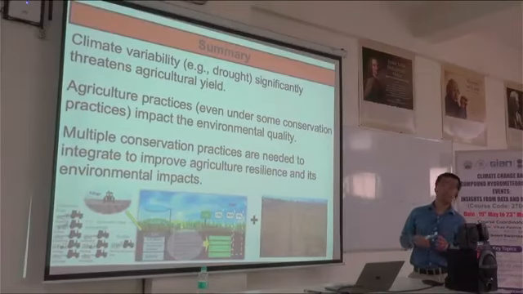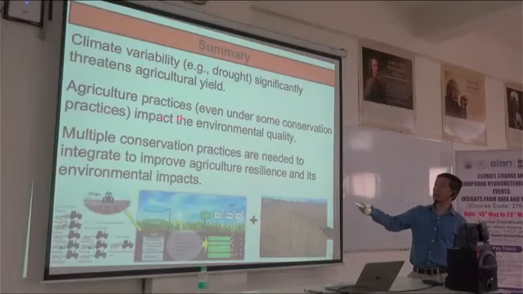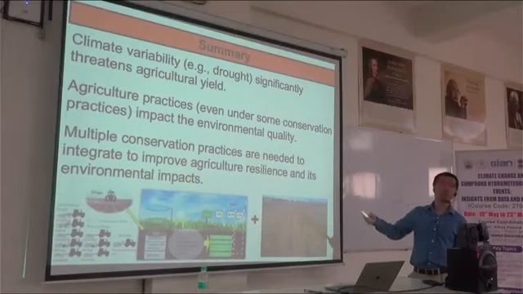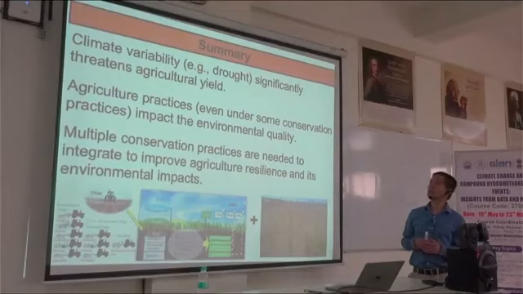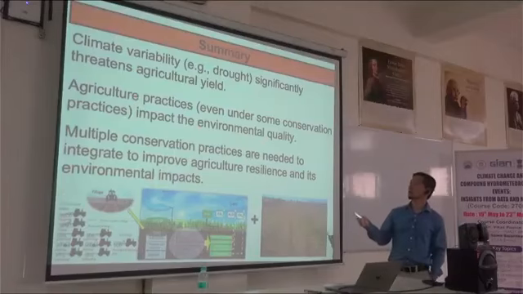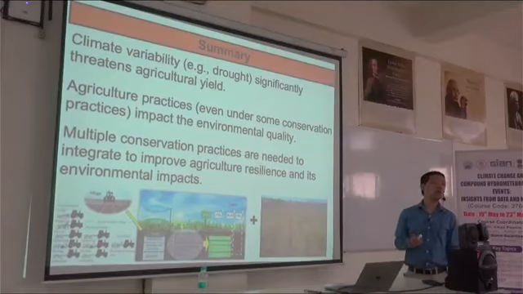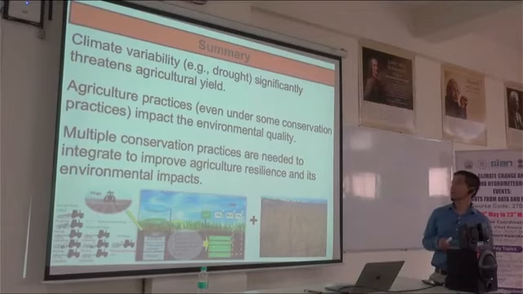But the impact is different for different crops and crop groups. And we also emphasize that some of the practices people use to mitigate drought could have unintentional consequences, like no-till only. That could impact water quality, right? So you have to think about additional ways to minimize the impact.